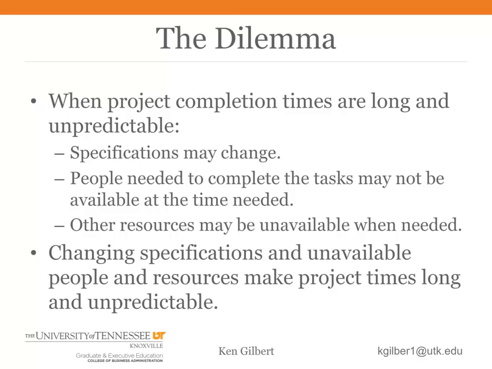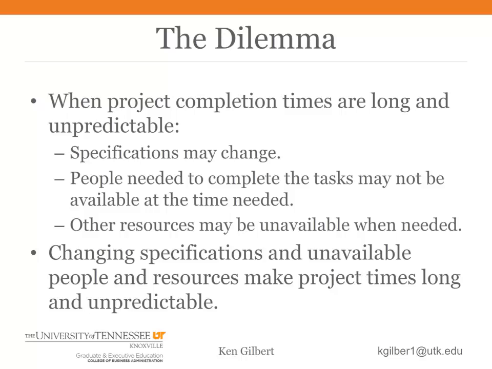In project management, we often find ourselves in a vicious cycle. Flow times are long and unpredictable. So at the beginning of the project, there's lots of uncertainty in the specifications of the product or the software. There's lots of uncertainty in when the people doing the different tasks will be needed, and there's uncertainty about when resources such as test equipment will be needed.